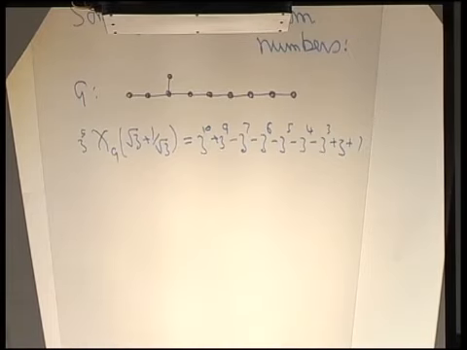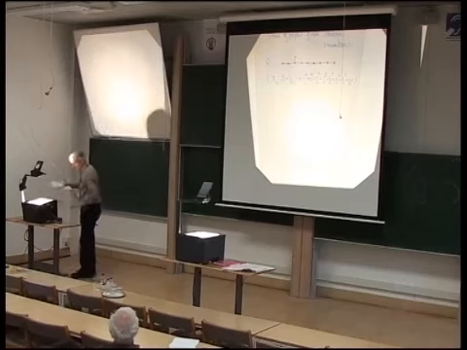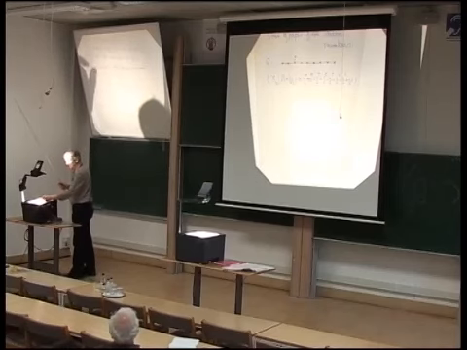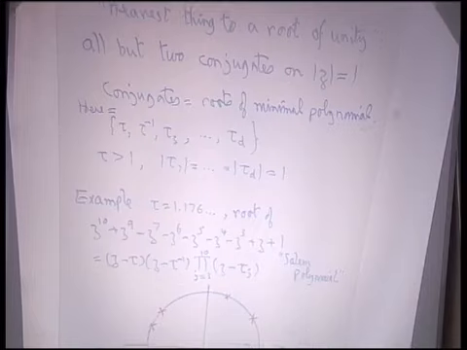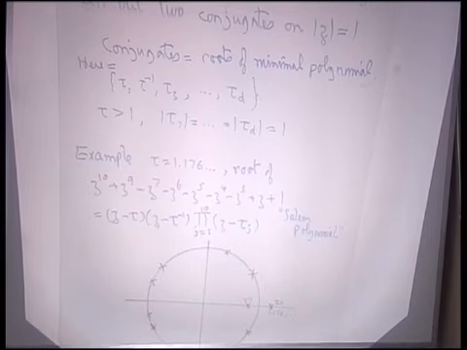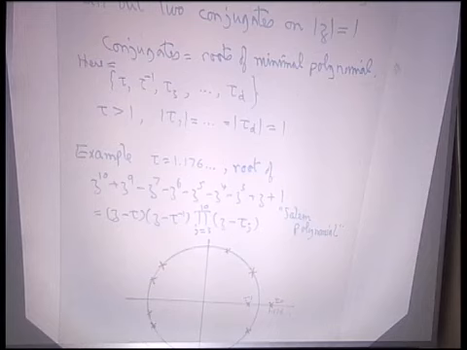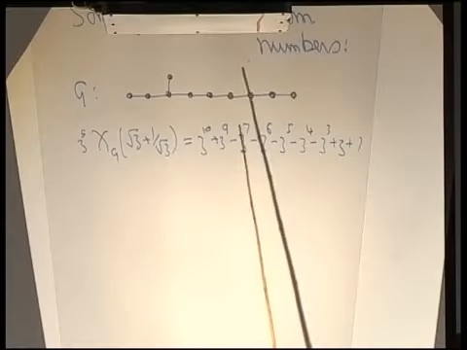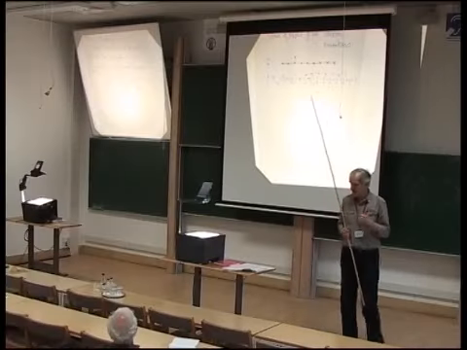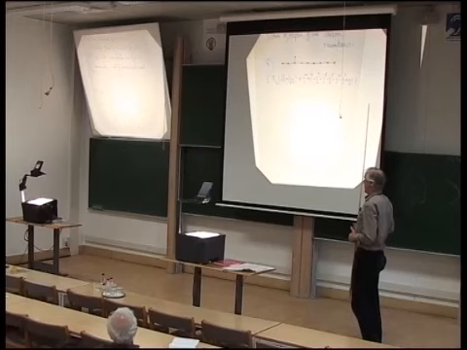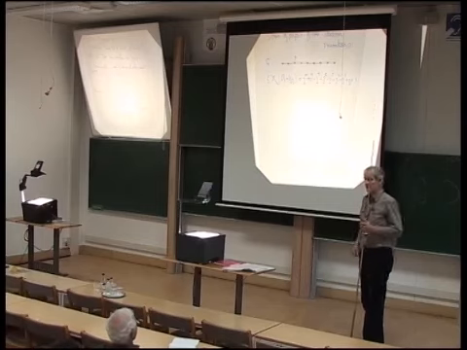When I say smallest known, I mean that this number 1.176 is the smallest known Salem number, and it comes from this graph here. Okay, I'll stop there, and thank you for your attention.